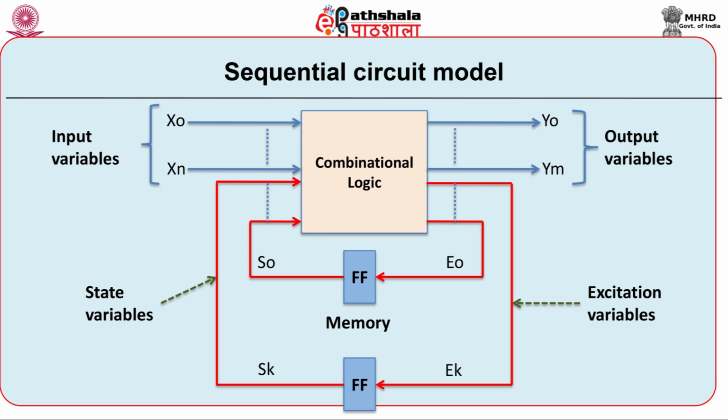In addition, the system generates excitation variables E 0 to E k and accepts state variables S 0 to S k as past inputs which are stored in the memory. Thus, the output of sequential circuit is the function of present input conditions x i and past inputs provided by the state variables S i. The memory elements will always appear in the feedback path.